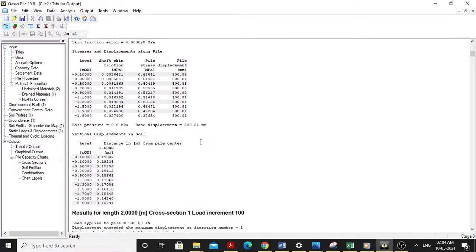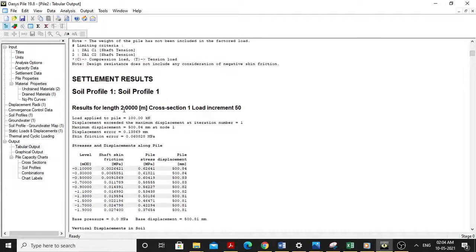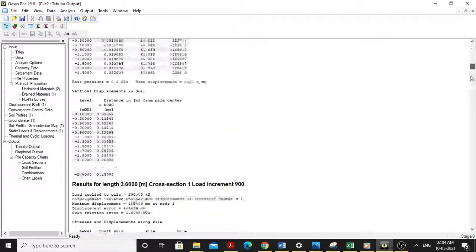See here the settlement. Here the length is 2 meter, so the settlement is showing an abnormal value, because with 2 meter it doesn't make sense. We'll go for the 10 meter.